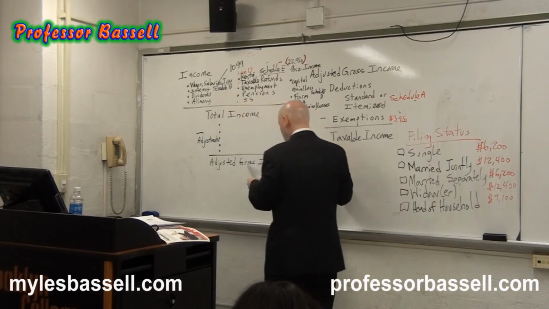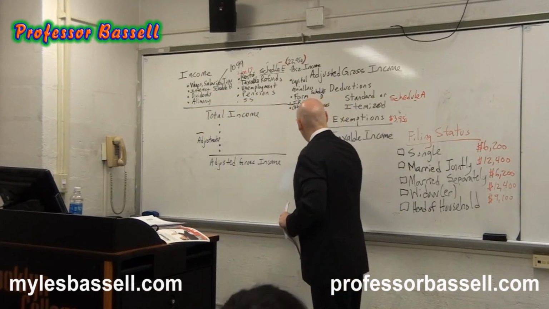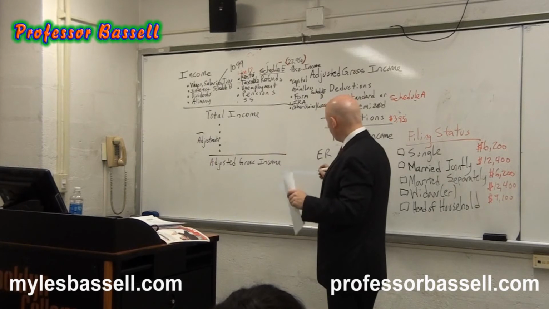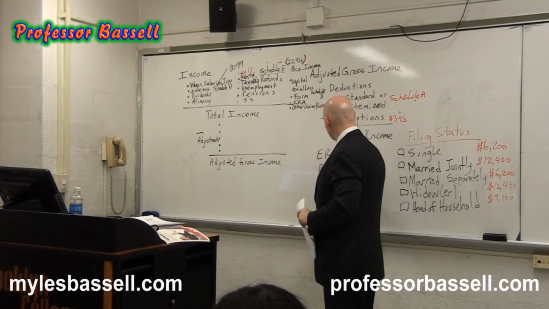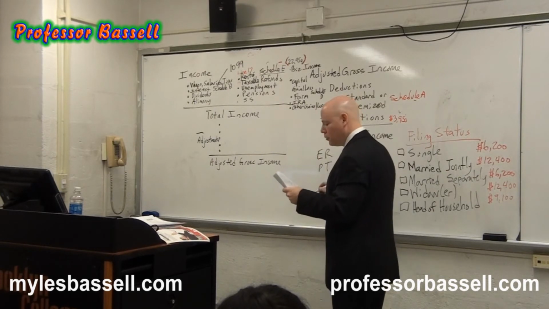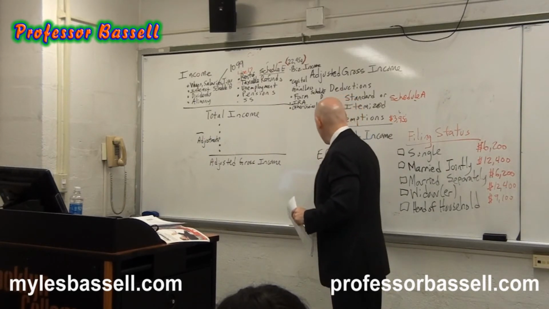So let's see. What do we have here? Emergency room is how much? 4,000. Physical therapy? 2,500. Medication? 1,000.